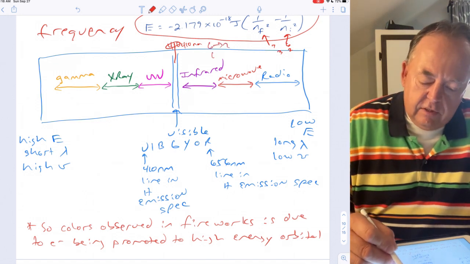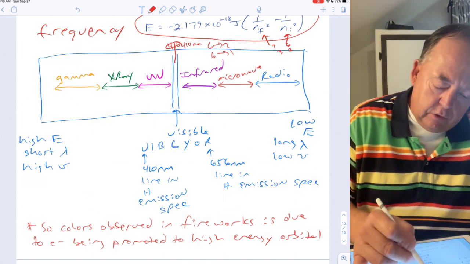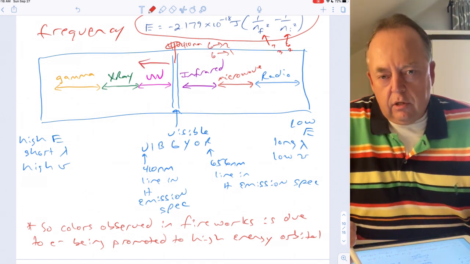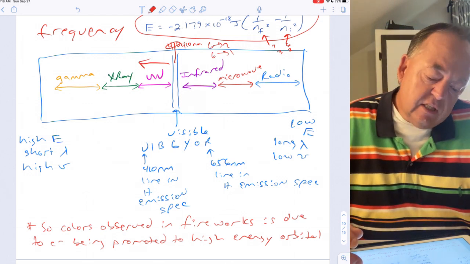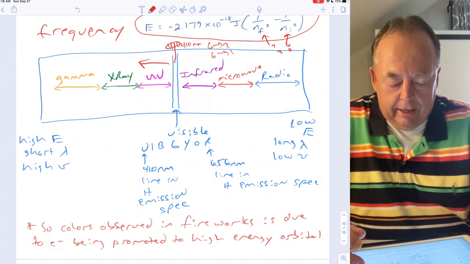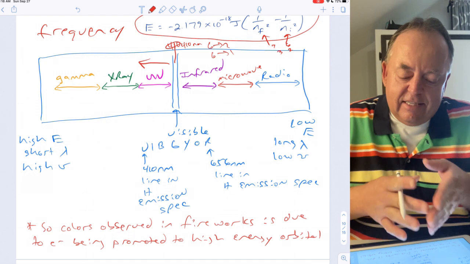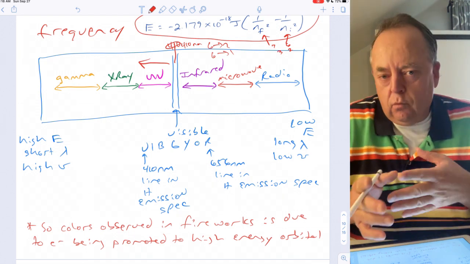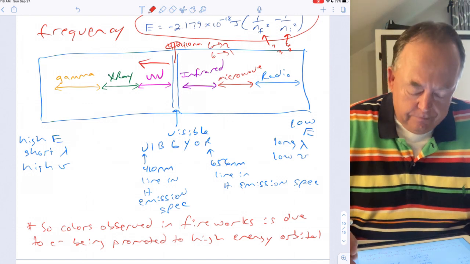So if you went from 6 to 1 instead, then that's going to be higher energy, which means it's going to fall somewhere to the left of the visible light. So if the 6 to 1 transition happened, maybe that gives off a UV ray or an X-ray or a gamma ray, right? You would just have to calculate the energy, see what that frequency and wavelength is to know which region of the electromagnetic spectrum it falls in.